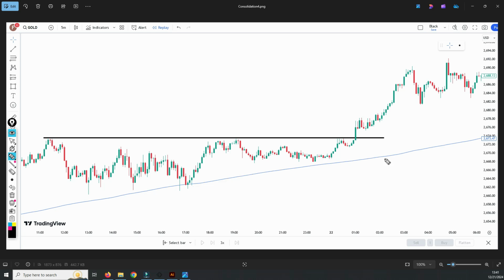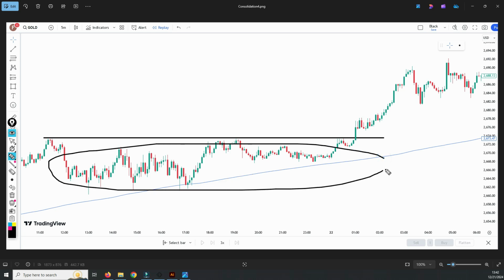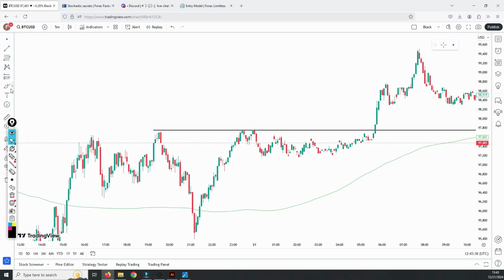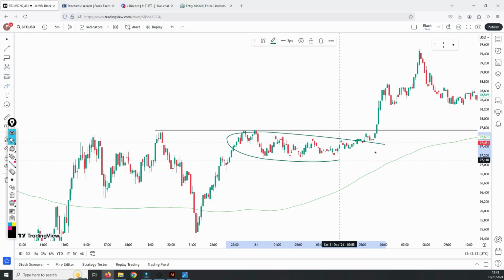So basically the best way to trade these consolidations, sideways or price accumulation, whatever you call it, is using breakouts. And breakouts, they are so easy. I'm going to show you the example that I actually traded today. It was Bitcoin. I found this consolidation today. I drew this resistance line here, here, and here.